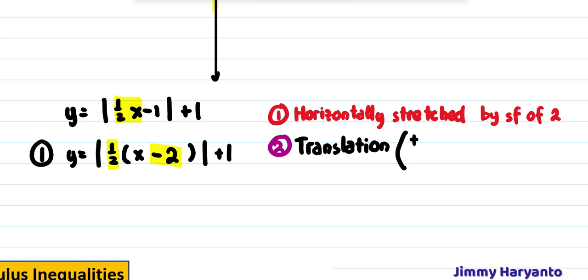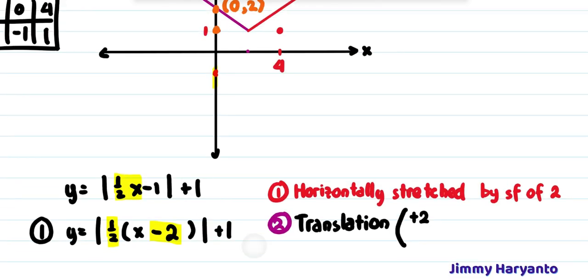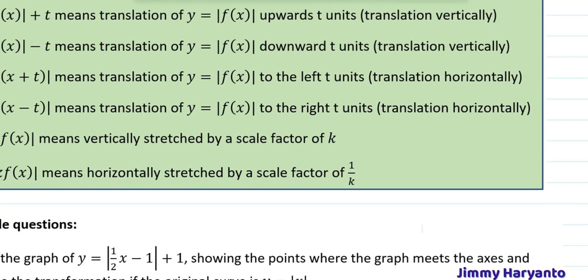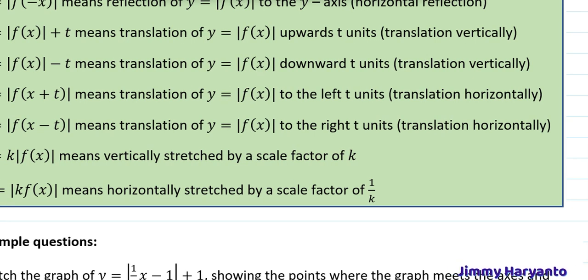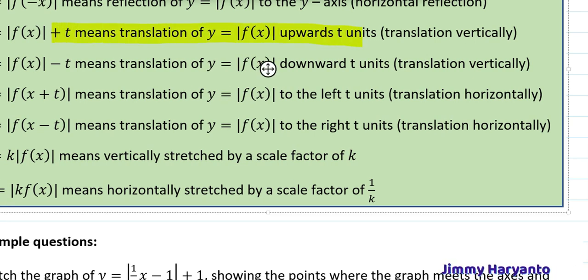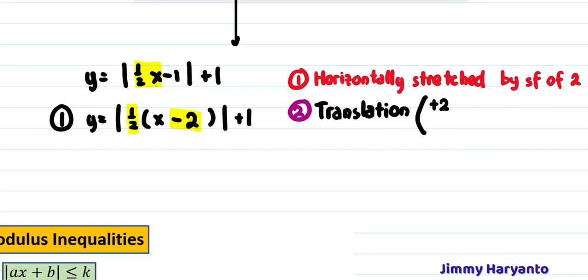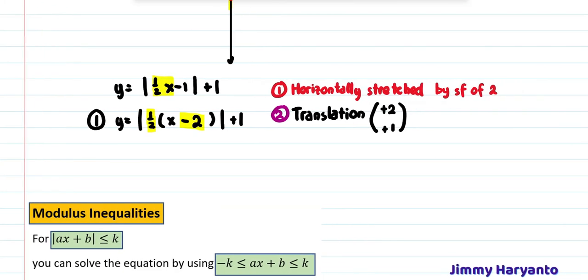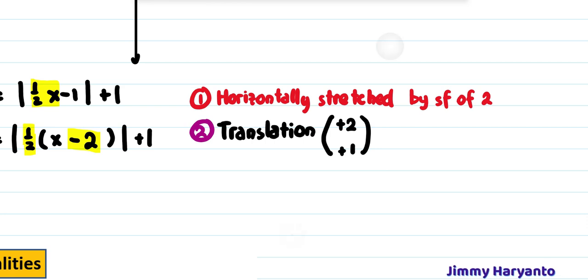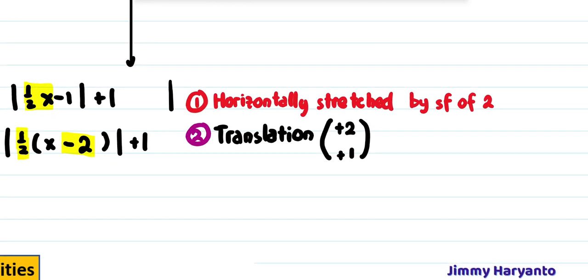That means this one is positive 2 in the vector, because later this one is also a translation, so we can combine the translation in one vector. So the next is plus 1 here. That means move upwards 1 unit, meaning the translation will be positive 1 because it's upwards. There you go. This is the description of the transformation in this question.